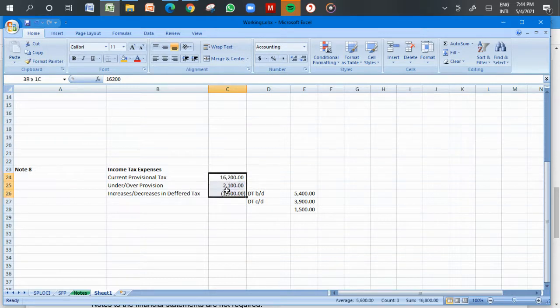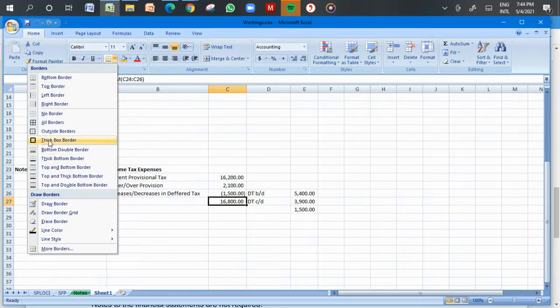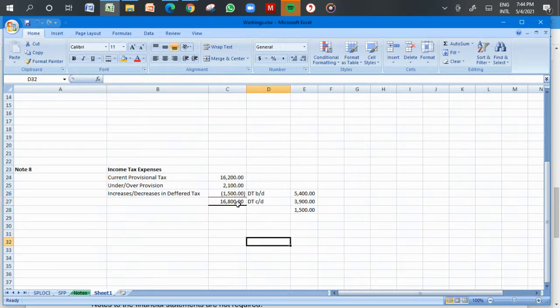So the total of these ones becomes our income tax expense in the statement of profit or loss and other comprehensive income. So this one we are taking to the profit or loss account as income tax.